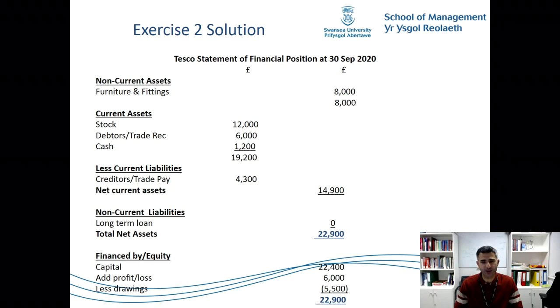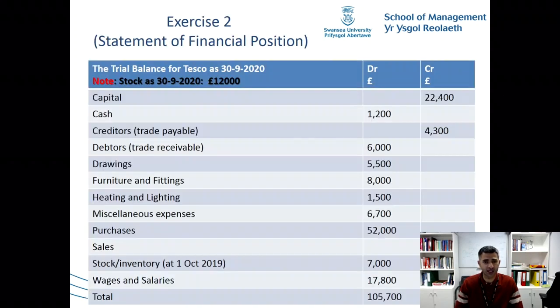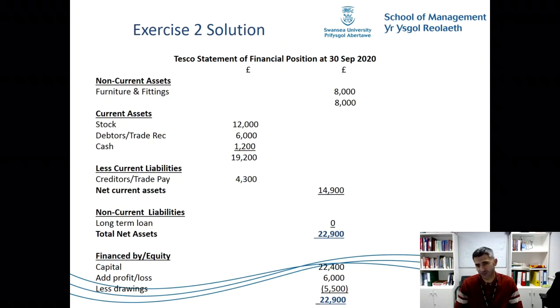Non-current liabilities, we have in the question no long-term loan, nothing mentioned, no bank loan, zero. In this case, the total liabilities would be the 4,300 plus 0, which is 4,300. So total liabilities equal £4,300.